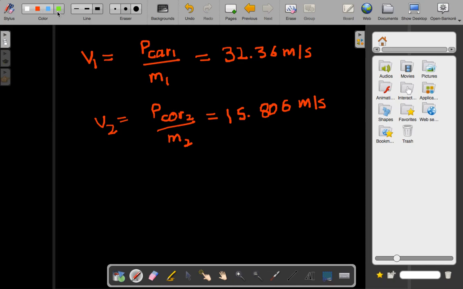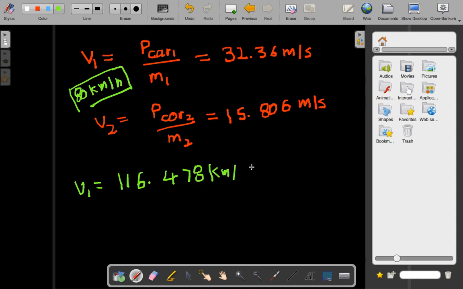Now, the question initially asked if either of these cars was speeding, and the speed limit was 80 kilometers an hour. So now we're just going to convert this into kilometers per hour. The first velocity is 116.478 kilometers per hour, and the second velocity is 56.903 kilometers an hour.